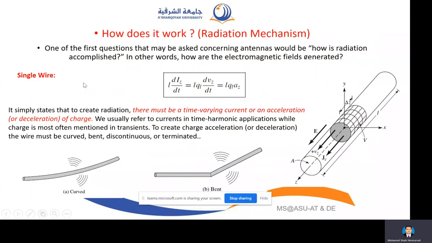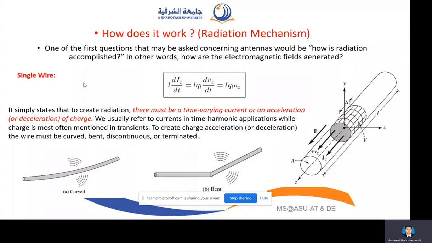So we have seen how radiation is generated by an antenna. We have seen the simpler case, using a single wire, how the radiation is generated. Either if there is a motion in the charge, there is acceleration in the charge, or a time varying current is available in the wire, then you can expect a radiation.